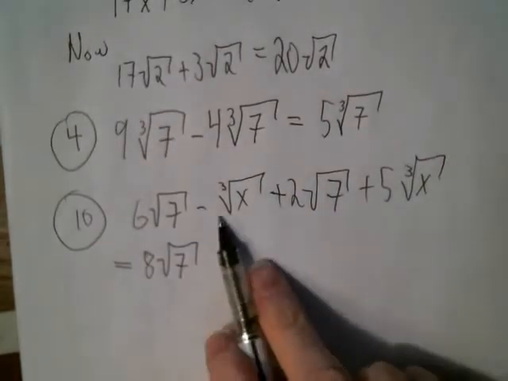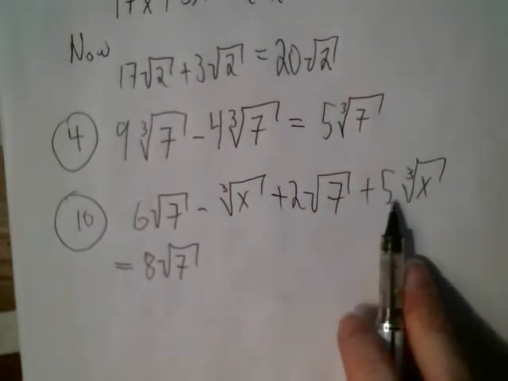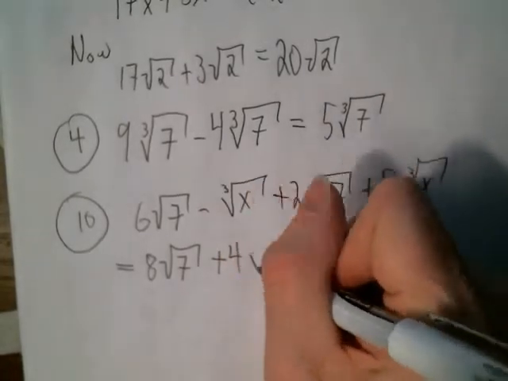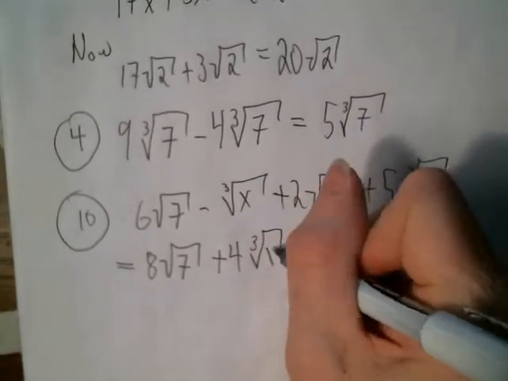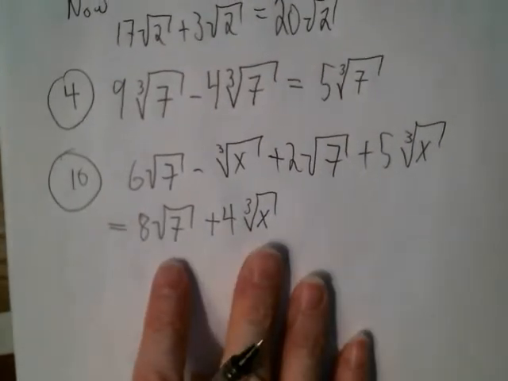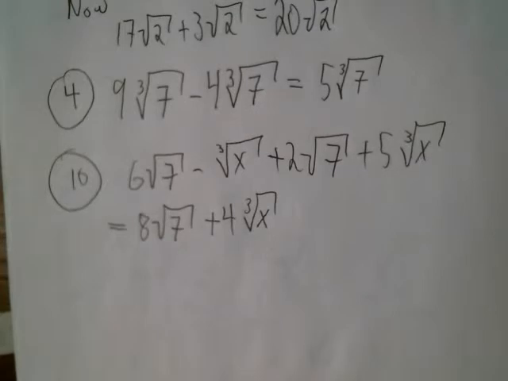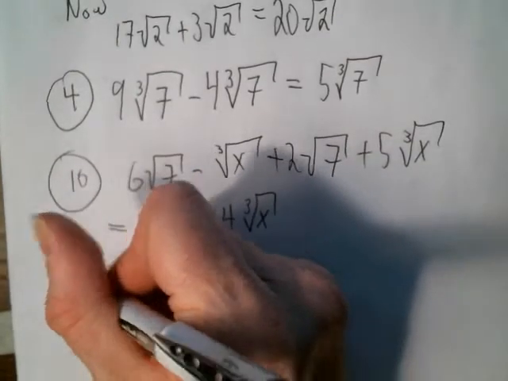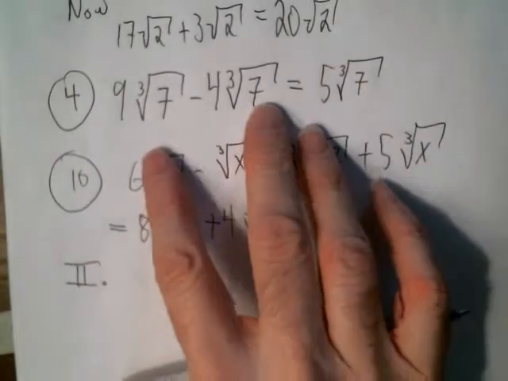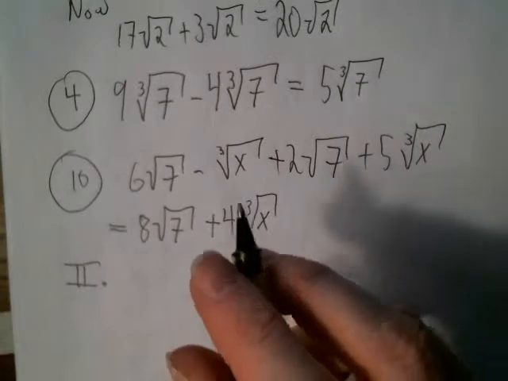And then negative 1 cube root x plus 5 cube root x is going to give you 4 cube root x's. Okay. And then you can't combine those because they don't have the same radical. Okay. So those are easy because they're kind of already simplified, but they're going to throw some at you that aren't.